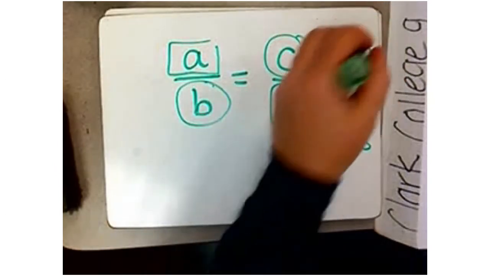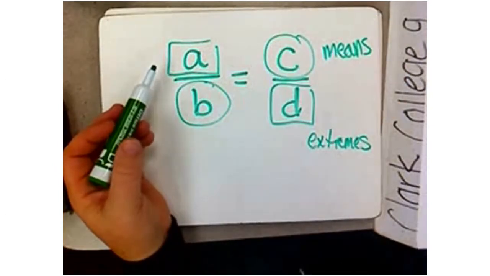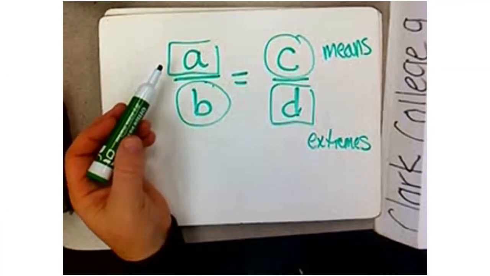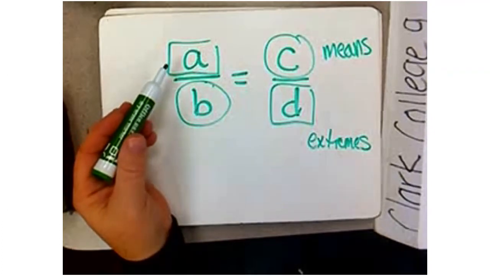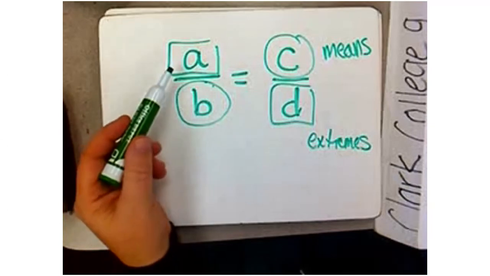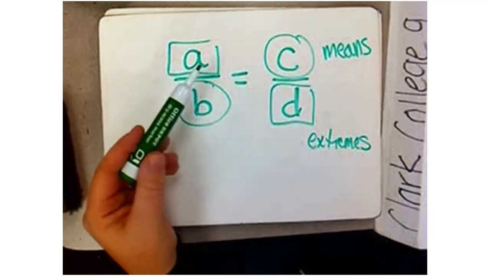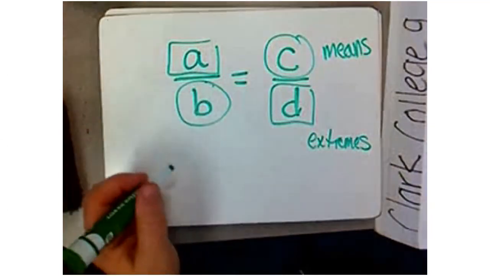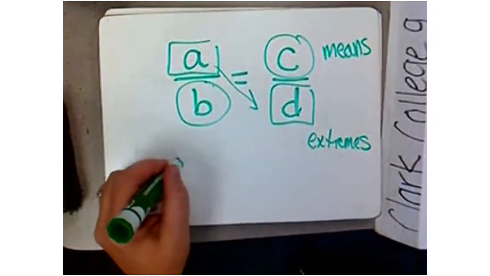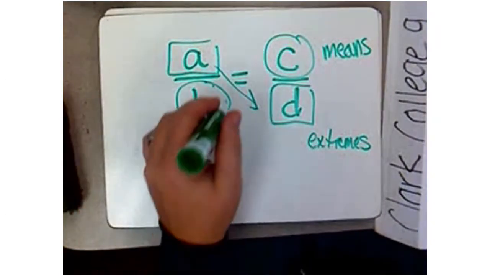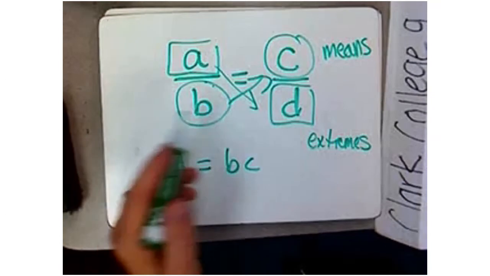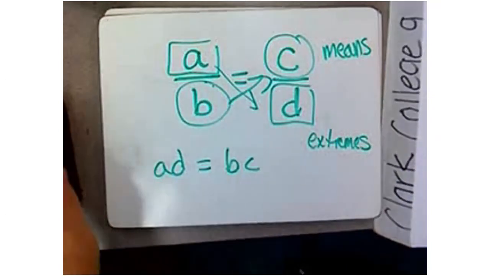This is just fancy math language, and it takes you to the property that the product of the extremes and the means, if they're equivalent, then it's proportionate. So in other words, if A times D equals B times C, then we know that the proportion is true.